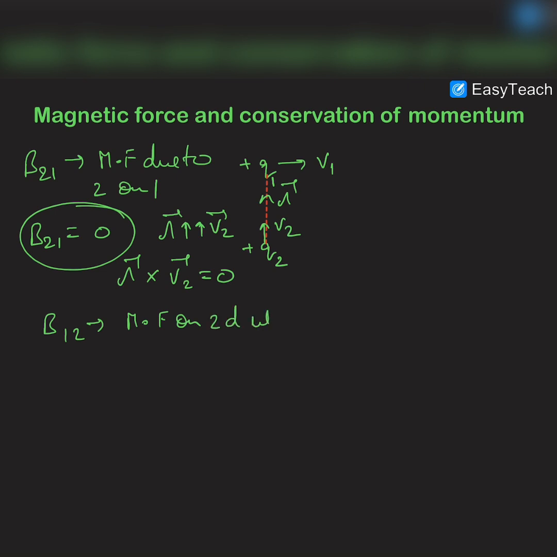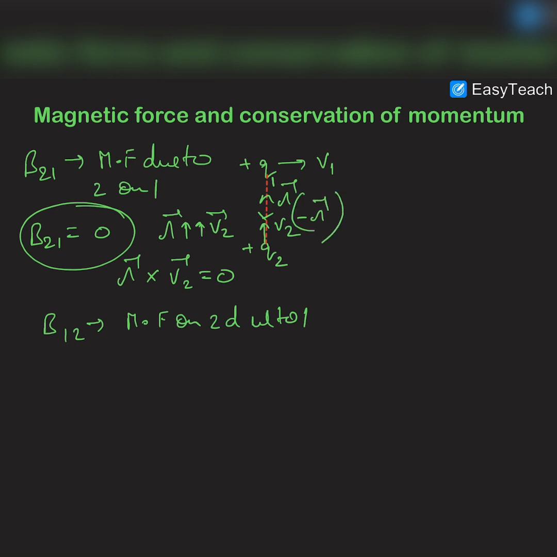due to 1. So the magnetic field on 2 due to 1 will be calculated by drawing another R vector. This is, let's suppose, minus R vector.